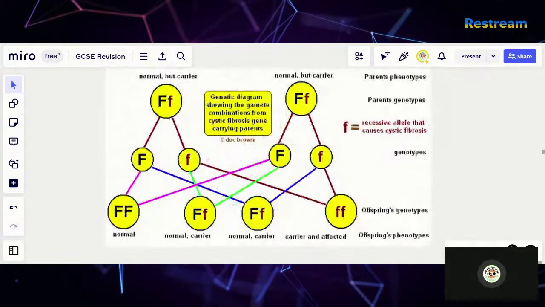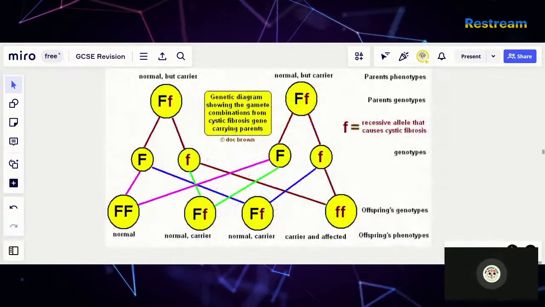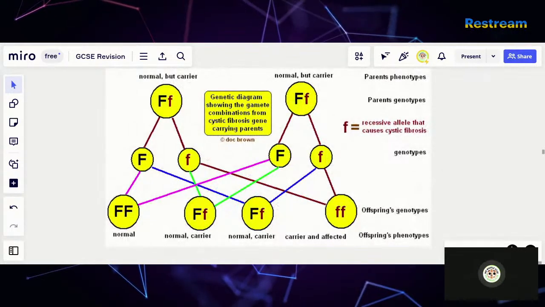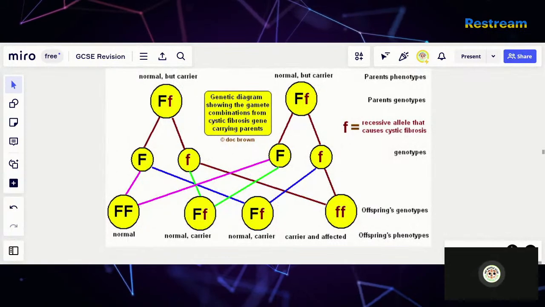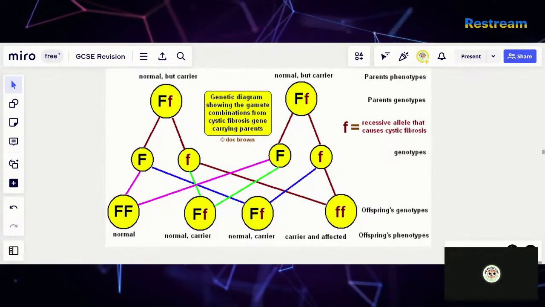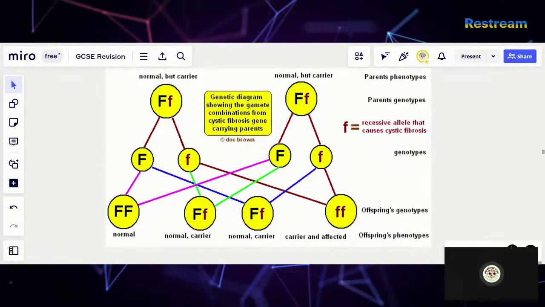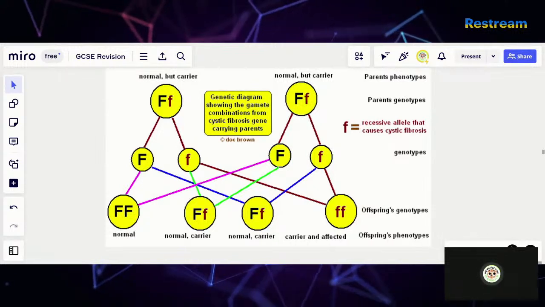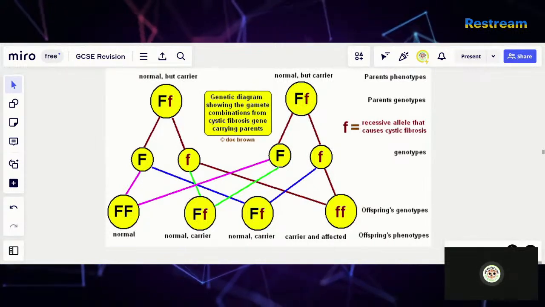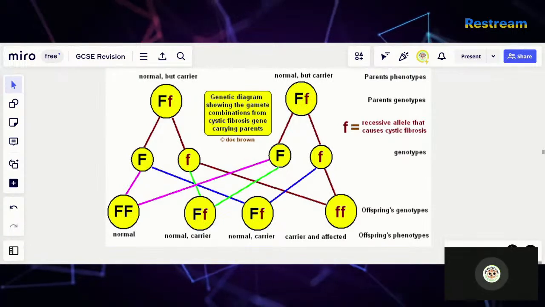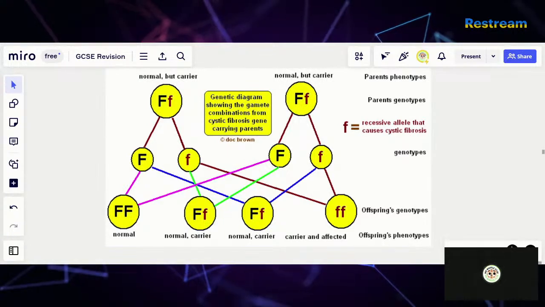Capital F means that it's a dominant allele, and the lowercase f is a recessive allele that causes cystic fibrosis. Now, for an organism to display a recessive characteristic, both alleles have to be recessive because dominant overrules anything.